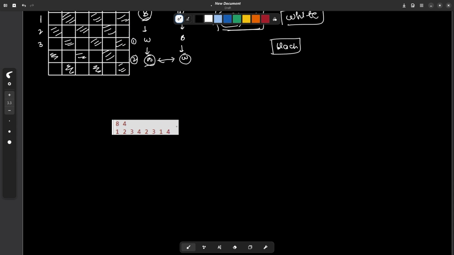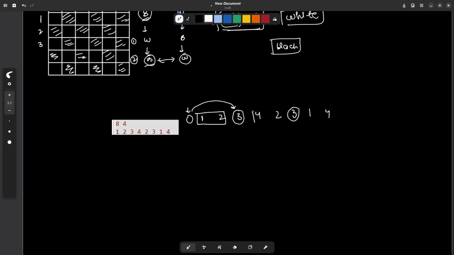Right. So you see that the values are 1, 2, 3, 4, 2, 3, 1 and 4. So I believe you can take this 3 and this 3. If you are starting from here, you will have to jump 2 stones, these 2 stones, and then you can reach position 3.